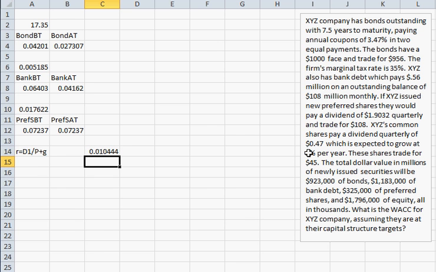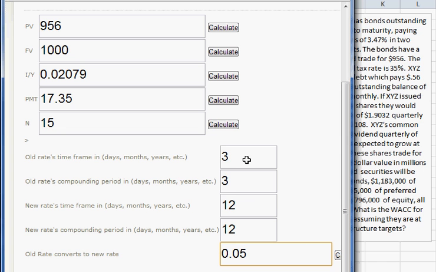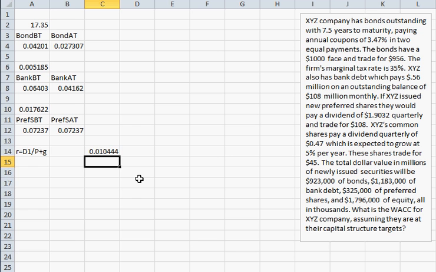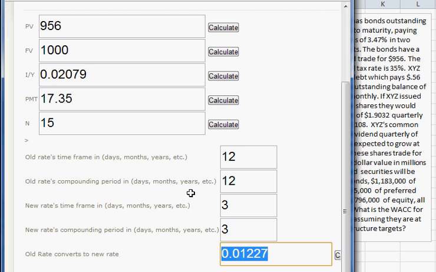We've got a growth rate of 5% per year, so let's convert that from an annual rate, as it is in the problem, to a quarterly rate. You get that. So this is our dividend yield, and this is our growth rate. If we add these, we get the total quarterly return on the stock. So we need to convert that from a quarterly rate to an annual rate.